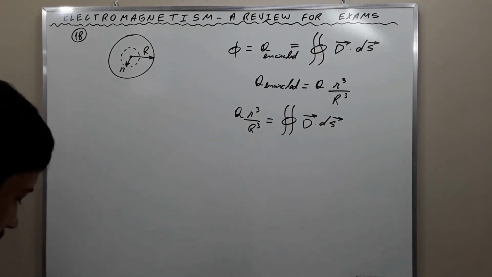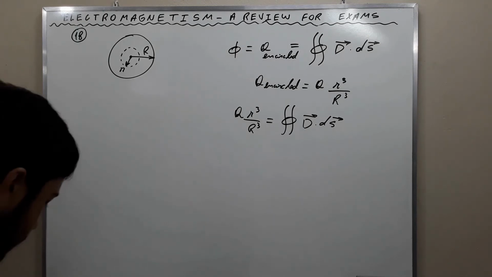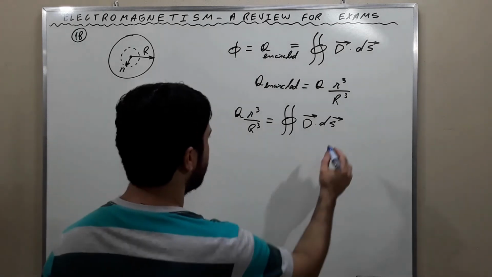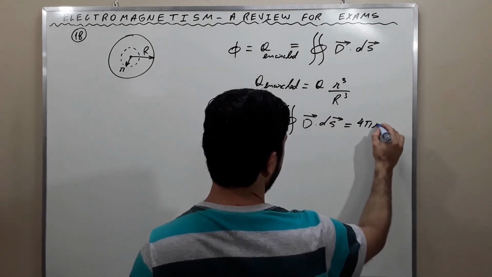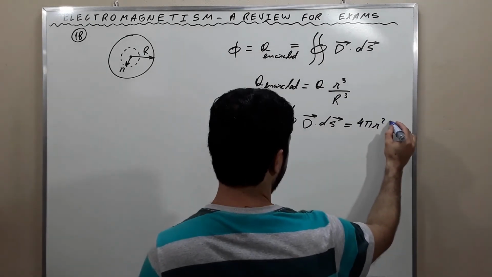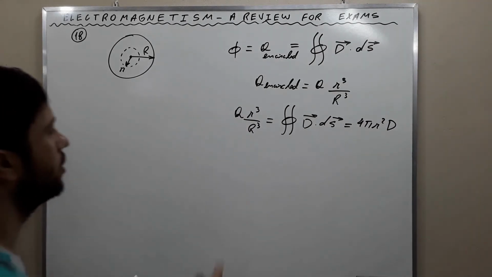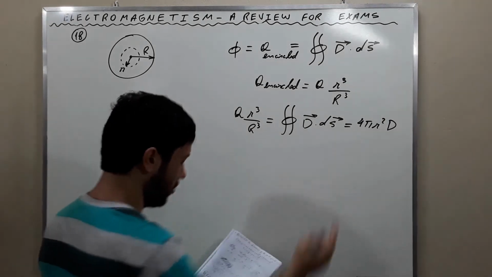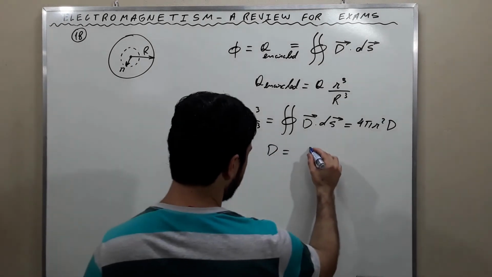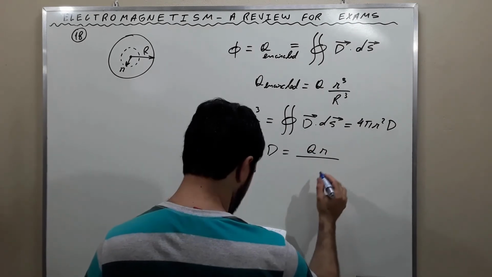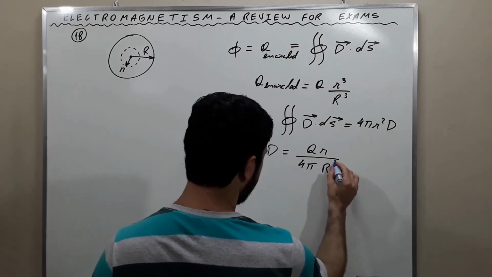All right? And this integral here is equal to 4 pi r squared times D. And using this and this, we discovered that D is equal to Q r over 4 pi R cubed.